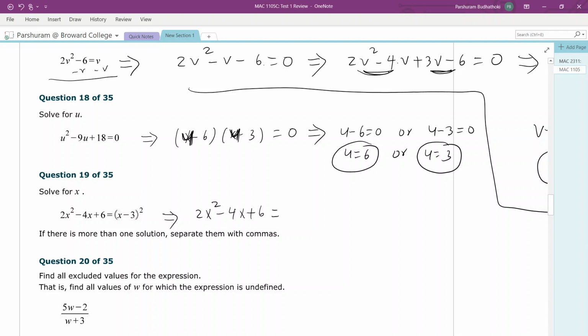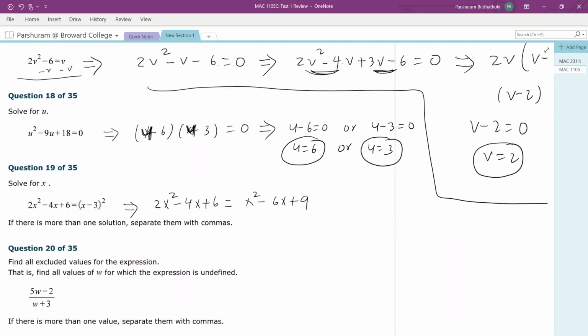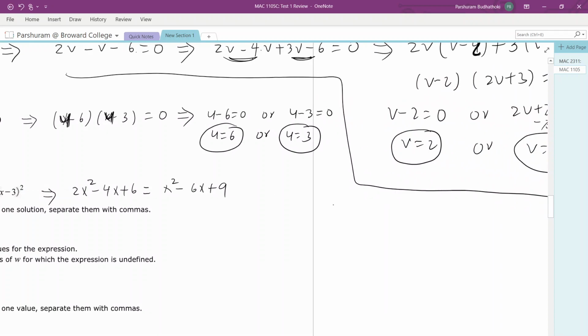So if I multiply x minus 3 and x minus 3, it will be x squared minus 6x plus 9. Now I need to bring everything to the left side, so I'm going to subtract x squared, add 6x, and subtract 9. So my problem would be, let me take it here.